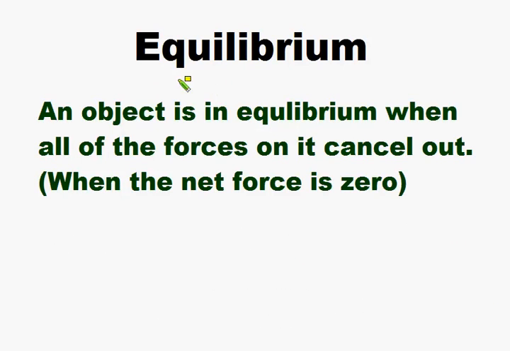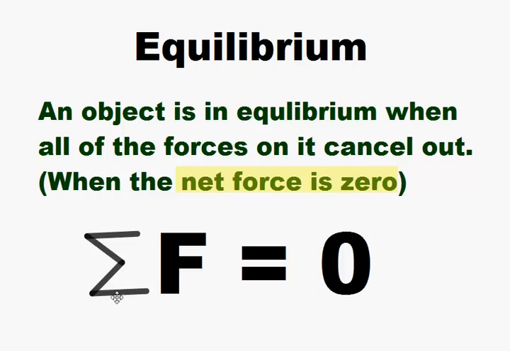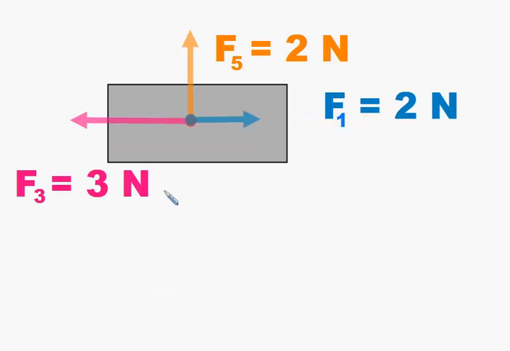So this brings us to equilibrium. Equilibrium is when the net force is 0. So basically, when all the forces cancel out, we're in equilibrium. When you add up the forces and they add up to 0, they're in equilibrium. So using this example, first let's look vertically. Up and down, the net force in the y direction equals 2 newtons up, positive 2 newtons.